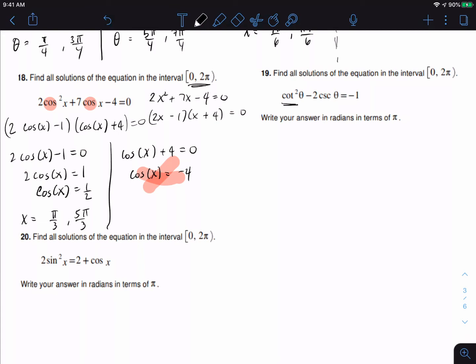So that means I need to know my identities. My identity tells me that cotangent squared theta is equal to cosecant squared theta minus 1. So instead of cotangent squared theta, I'm going to change it to cosecant squared theta minus 1 so that everything is in terms of cosecant. Does that make sense to you guys?